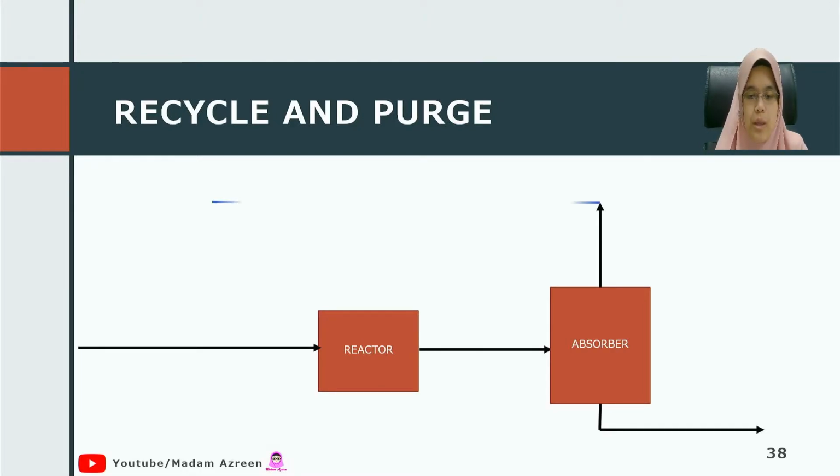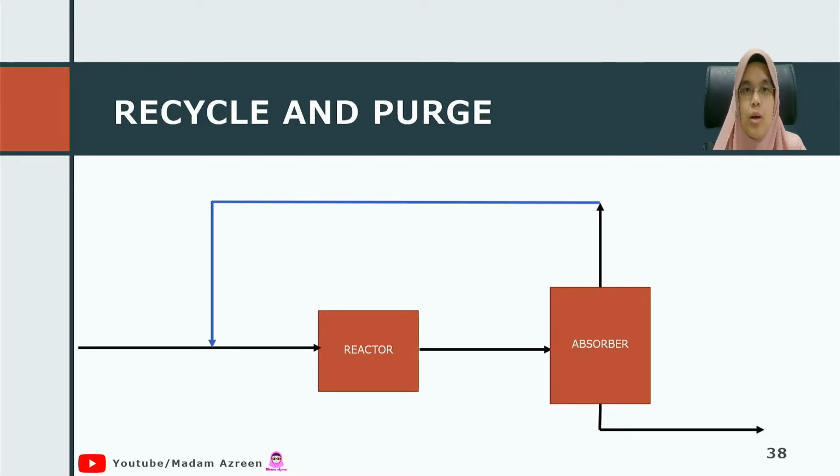When we do a recycle for a long time, there will be an accumulation of certain components, and we want to avoid this. So we are going to purge, meaning we want to remove some of it. In this yellow line, I believe you can see it, this is a purge stream.